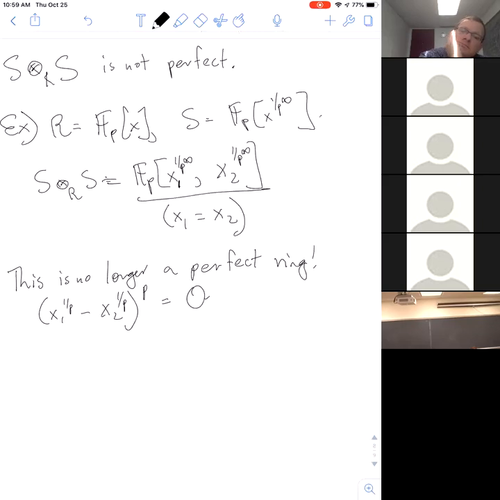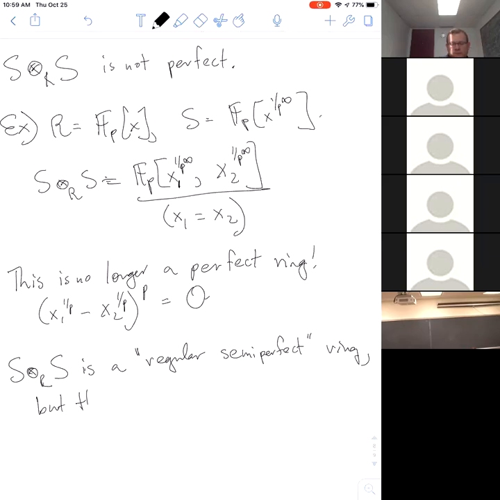So instead, S tensor_R S is a so-called regular semiperfect ring. Which means that it's not quite perfect, but it's the quotient of a perfect ring by a regular sequence, at least Zariski locally.